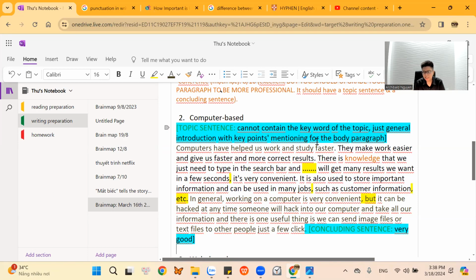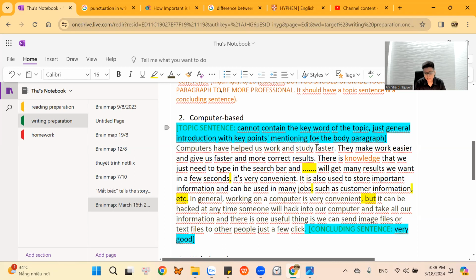When you write a topic sentence, you should have a general introduction about the topic that you are going to write. It's not like you just drop the keyword immediately in the sentence like this, as a direct answer to the topic.